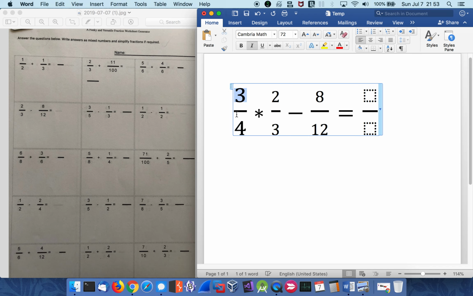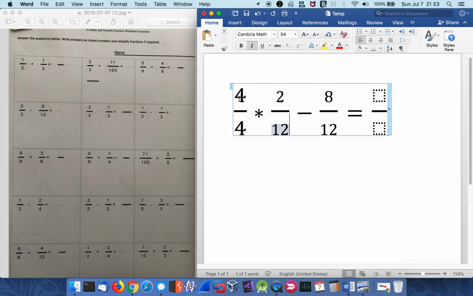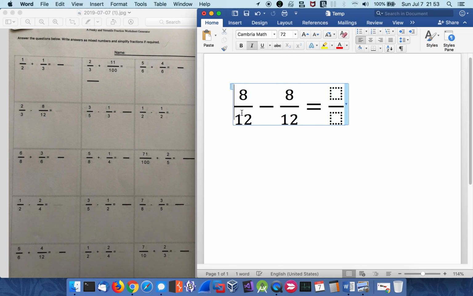by 4 over 4, right? So 4 divided by 4 is 1 still, so I'm not really changing this fraction. But if I do this multiplication, then the denominator, 4 times 3, is going to be 12, and the numerator, 4 times 2, is going to be 8. And now you can see the denominators are equal, and so now I can get rid of this side.